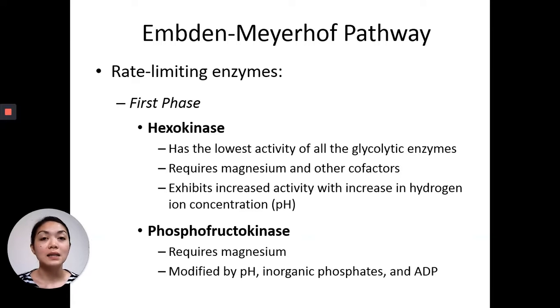So, kung acidic ang pH, ma-enhance ang activity ni hexokinase. Second enzyme in the first phase is phosphofructokinase, which also requires magnesium, also regulated or affected by pH, inorganic phosphates, and ADP.